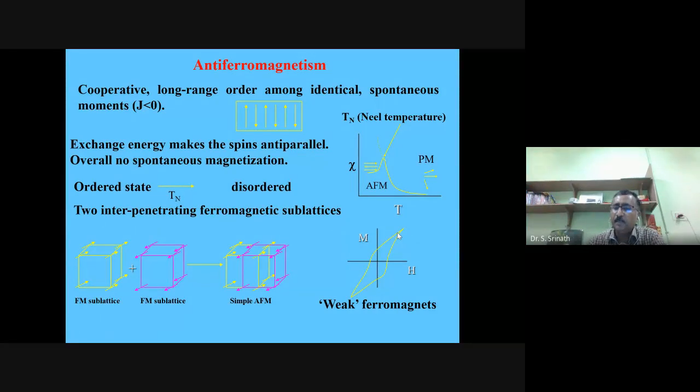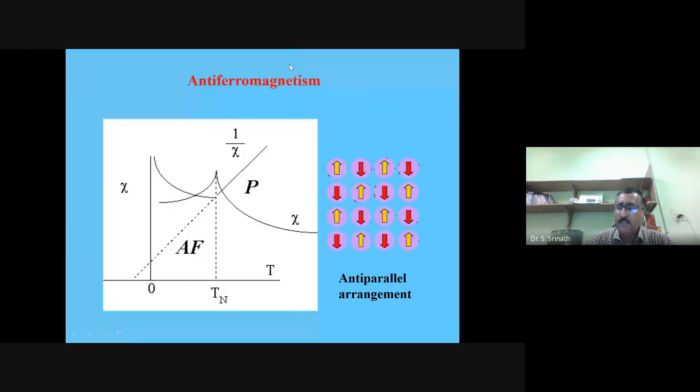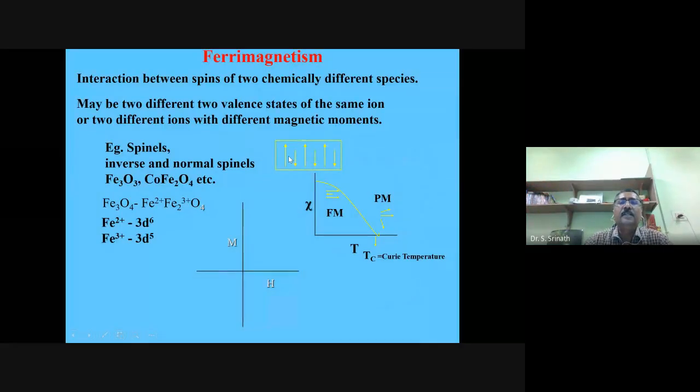But this is important. You understand, there can be an anti-parallel configuration. So now I'll go to the next order. We will come back to this a little later if you want. Assume that you have an anti-parallel configuration, but the magnitude is not the same. That means in one direction, one atom has a larger spin magnitude than the other. Then that gives rise to ferrimagnetism. Why is it more and less? It can be because of different valency states. It can be because of different atoms sitting at the lattice sites.